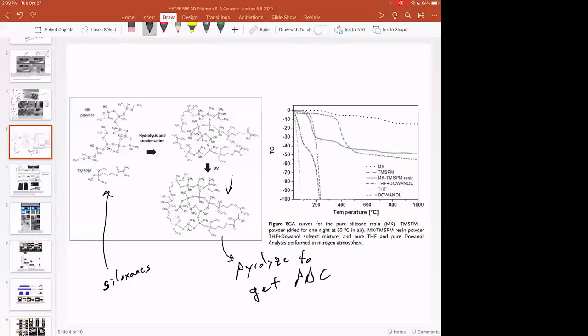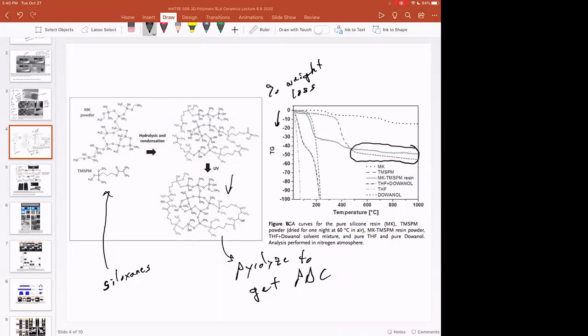And one of the ways that you can tell if you have a reasonable polymer-derived ceramic or not is that you get this. This is not a great x-axis, but this is percent weight loss.